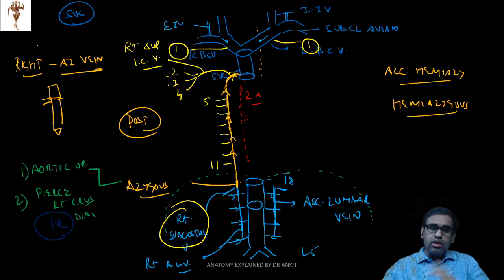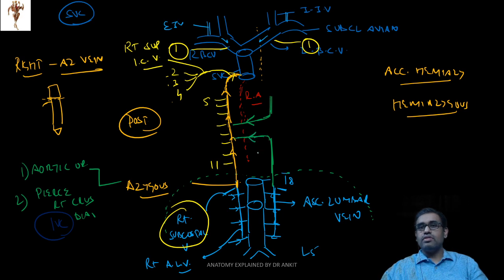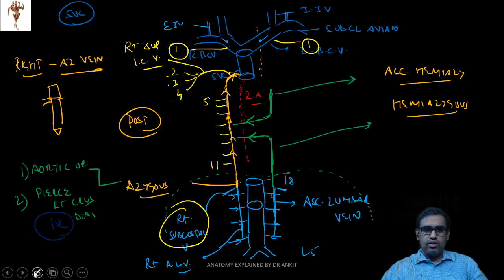Now the counterpart on the left side is these two veins. If I make them with greenish color, then this would be our accessory hemiazygous vein, and that is going to cross the midline and drain into the azygous. And that is going to be your hemiazygous vein, which again is going to cross the midline and drain into the azygous vein. Now which veins are draining into the accessory hemiazygous and hemiazygous vein is worth noting over here.